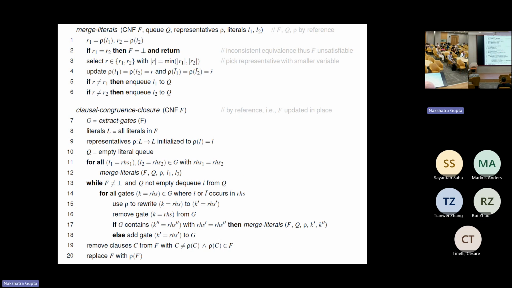This is the basic congruence closure algorithm. And at the end, you need to actually remove clauses, because if this is successful, particularly on these big 10 million instances, you actually remove half of the clauses, so 5 million clauses. So this thing here removes 5 million clauses in one line.